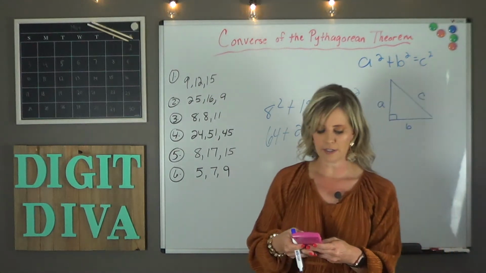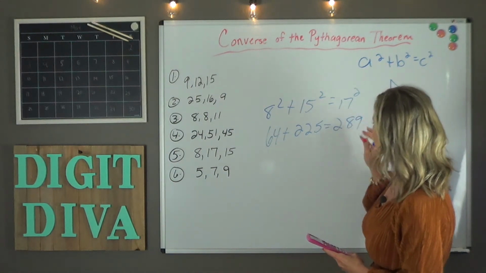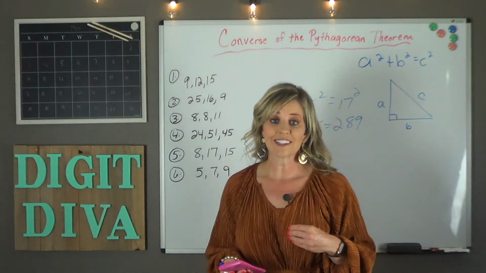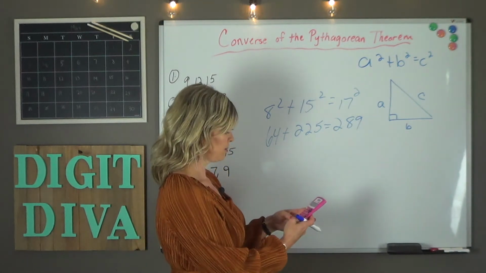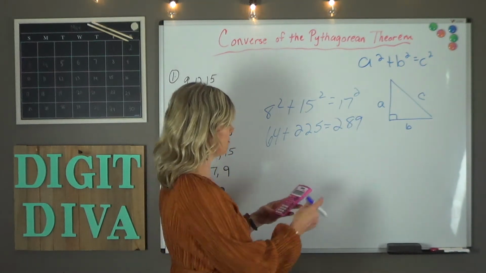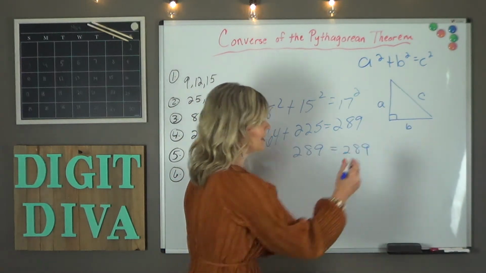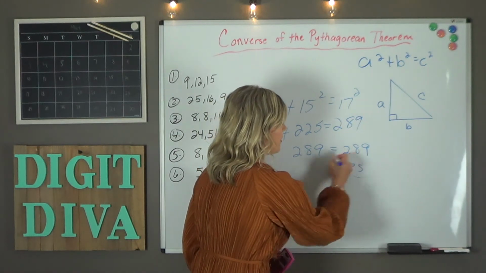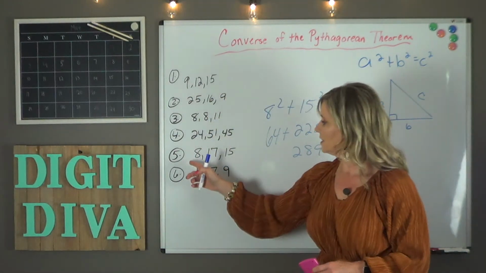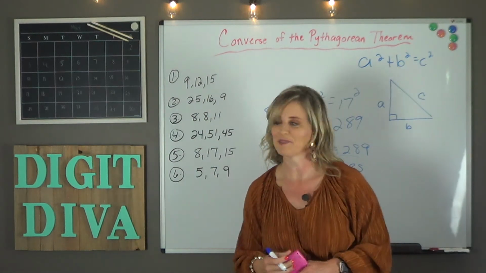And 17 squared, 17 times 17, is 289. Now, is our left-hand side going to equal our right-hand side? Well, let's do the math. 64 plus 225 is 289. Is 289 equal to 289? Yes. So these side lengths, 8, 17, and 15, would form a right triangle.